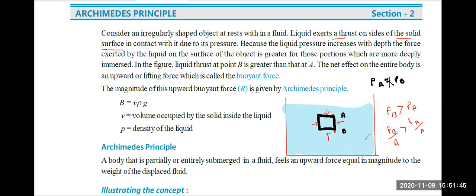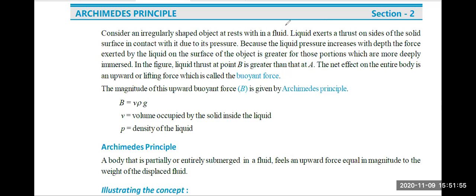So force is more in this direction, so there must be some kind of force which is balancing this. Yes or no? So that is your upthrust. See, this is your upthrust force. Yes or no? Tell me, guys.